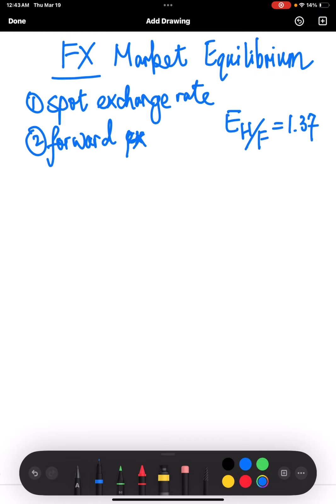Okay, so therefore, also just clear up the assumption that because this exchange rate is the price for a good, which is a foreign currency, then it would also satisfy the demand and supply curve, right? So we all know that the demand for a good usually is downward slope, and then the supply is upward slope.